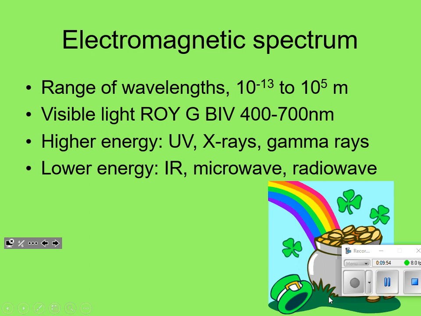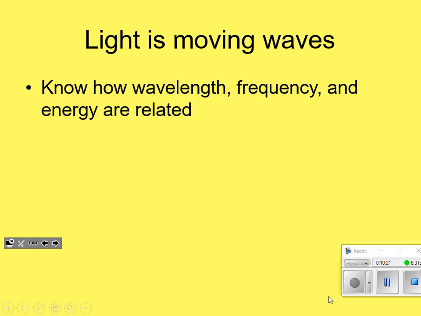You don't think of turning your radio to like 101.5 as actually light, but those signals being sent from station to radio tower to your device, that's a light wave. That's a traveling wave. So again, light is moving waves.